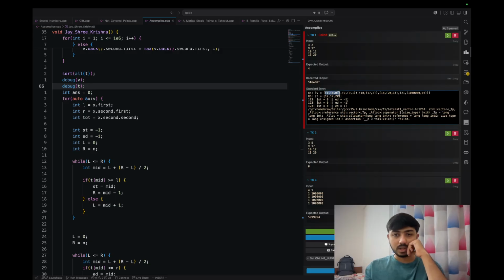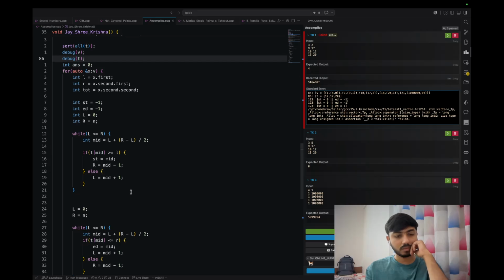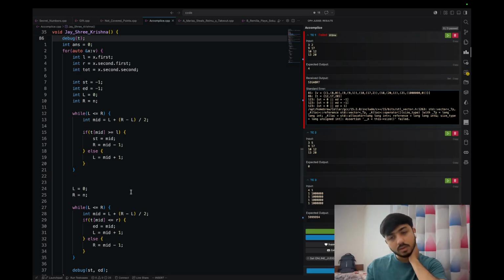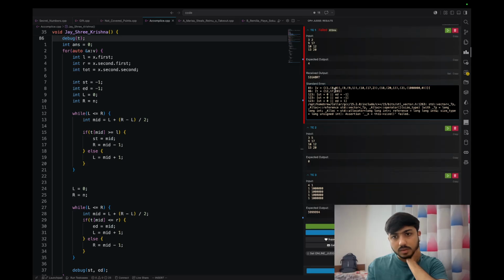I want to know if any breakpoint exists. First, second, third, fourth, fifth.